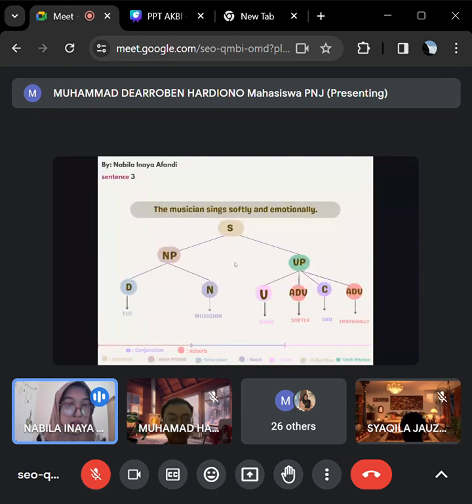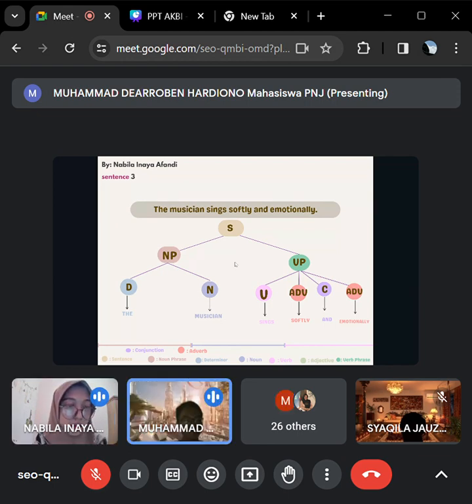And for the third sentence, the musician sings softly and emotionally is symbolized by S and composed of two elements, NP and VP. The first one is NP, noun phrase, also composed of two elements, determiner plus noun. The determiner in the sentence is the, and the noun is musician. The second element is VP, verb phrase, composed of three elements: V for verb, conjunction, and adverb.